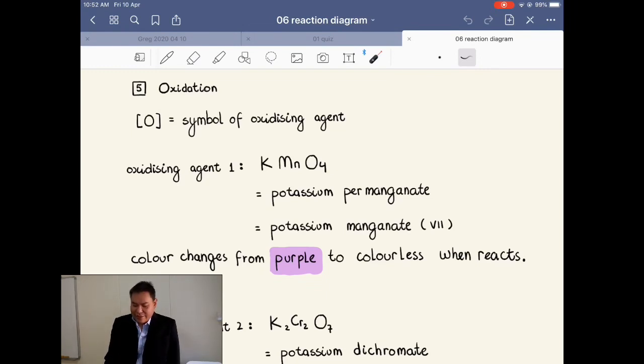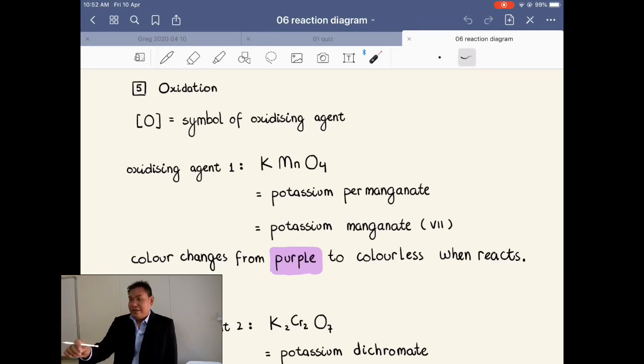The first one is KMnO4, also called potassium permanganate. Some books call it potassium manganate 7. It means the same thing. The color of this substance is purple, and when it reacts to oxidize something else, the color will change to colorless.